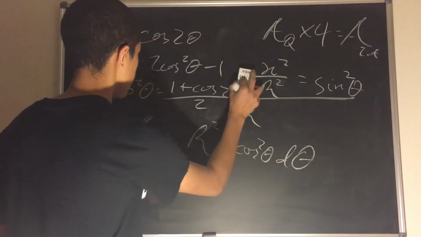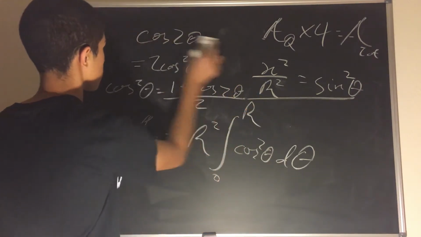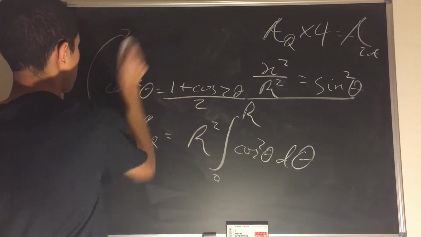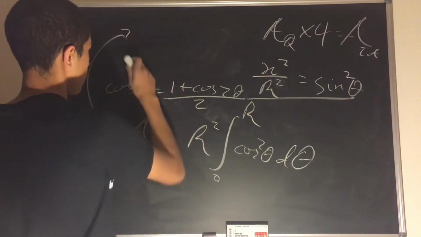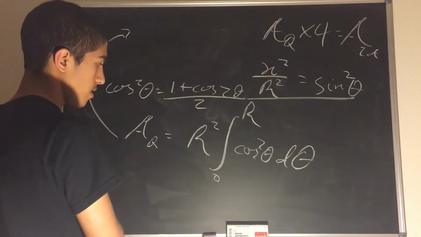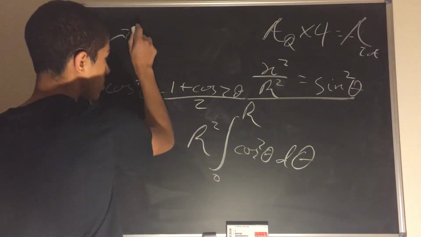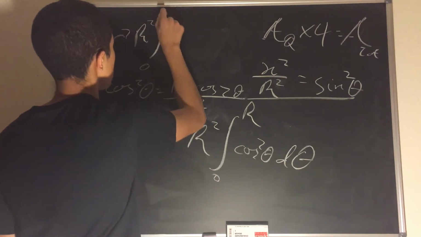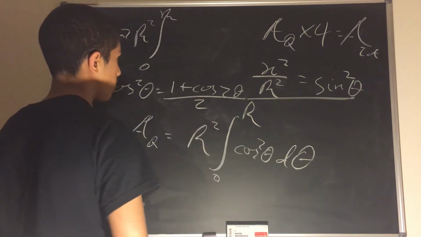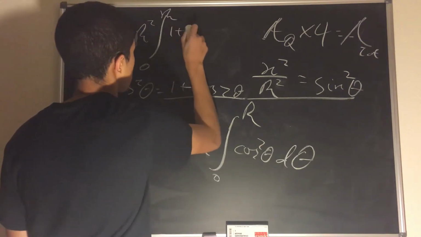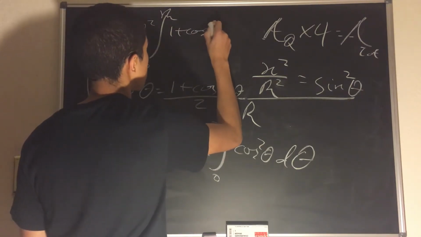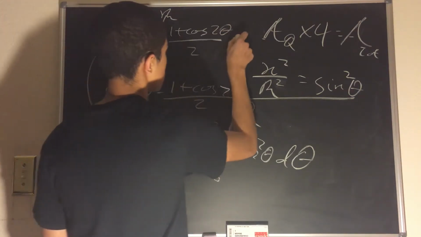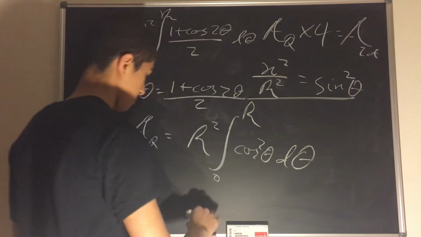So let's bring this back. So let's go there. And the area of a quadrant is then equal to r squared, integral from 0 to r, of 1 plus cosine 2 theta, all of that divided by 2 d theta.